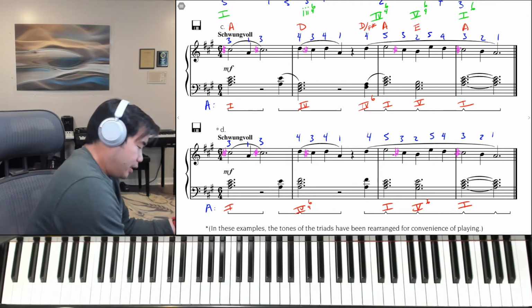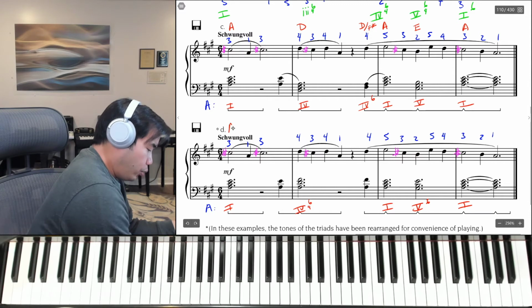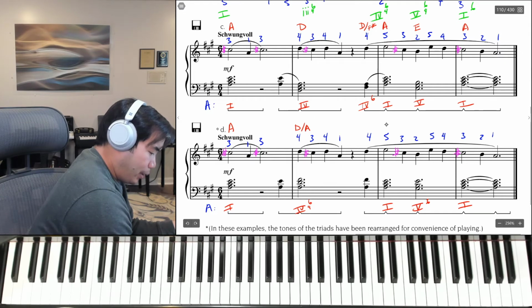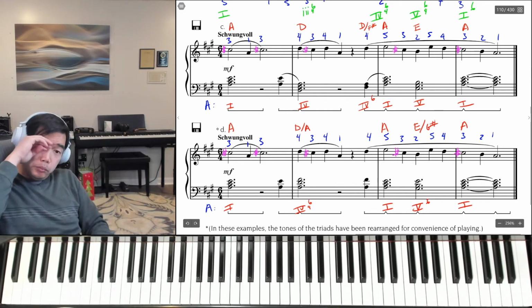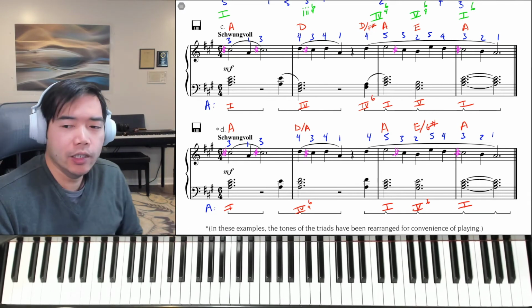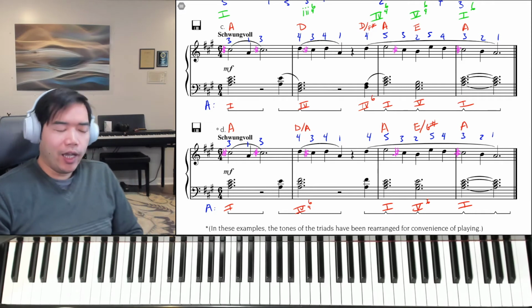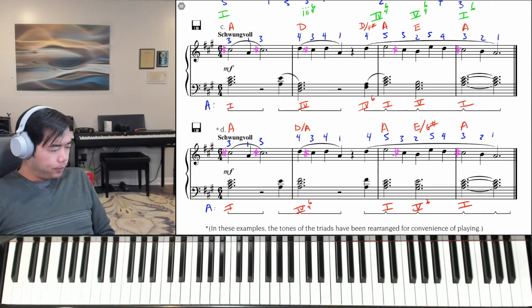And on the second example D, we have an A major chord, followed by D over A, still D over A, back to the A major chord, back to an E over G sharp, and back to an A major chord. Again, make sure to write in the Roman numerals and also the lead sheet symbols.